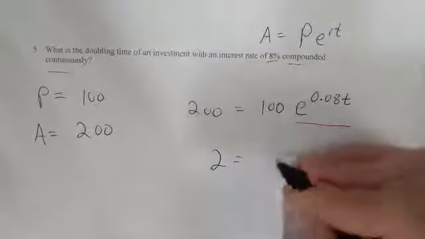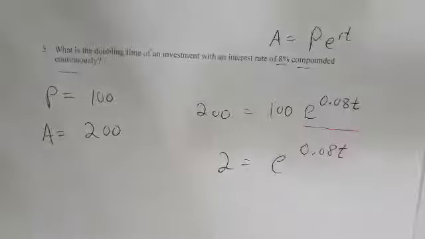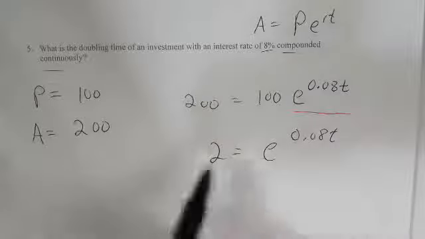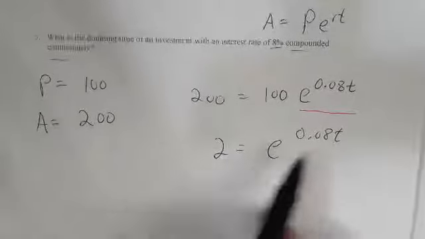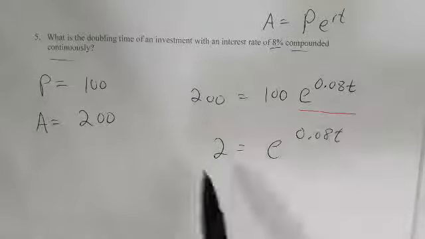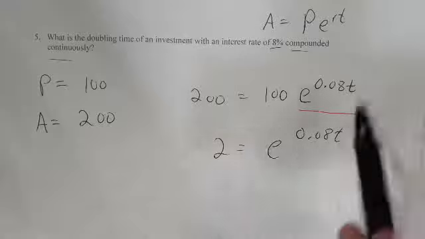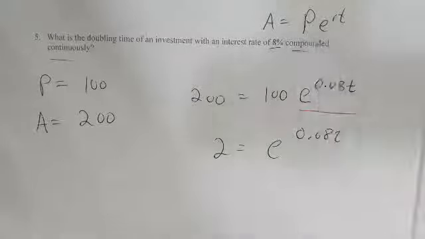If you wanted to just set up your equation, you recognize that this is your factor, and if you wanted your thing to double, that would mean this is 2. So without coming up with amounts for principal and accumulated amount, this is exactly what it's asking: when is this factor going to be 2? That's like asking when this thing is going to double, right?